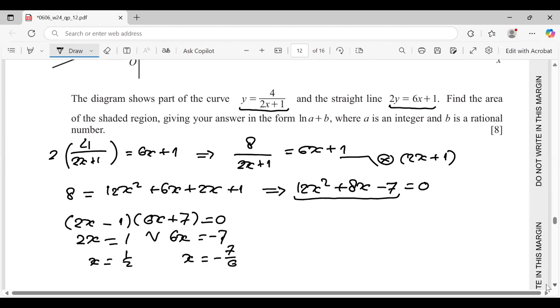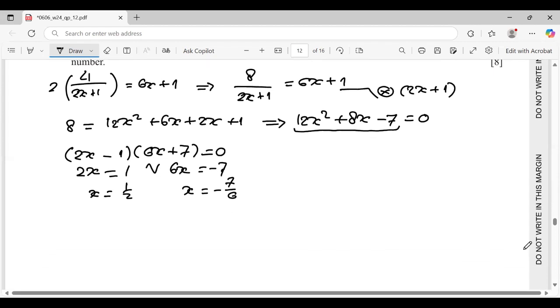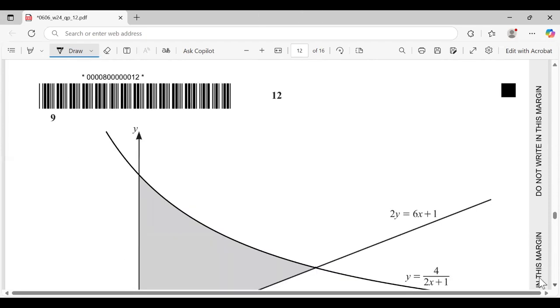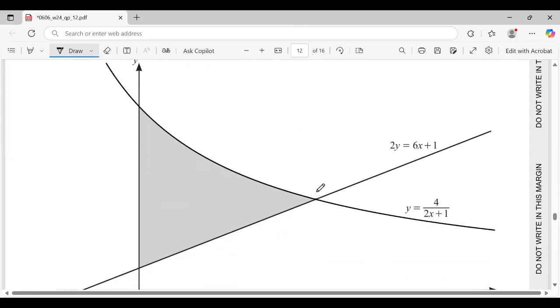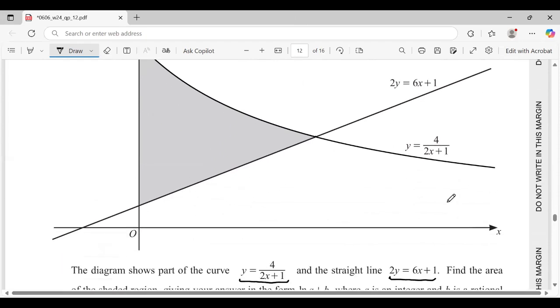But we just accept this solution, because x negative is impossible. If you look at this intersection, it occurs in the positive x area, not in the negative area.